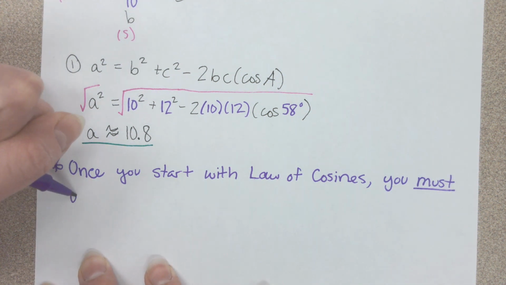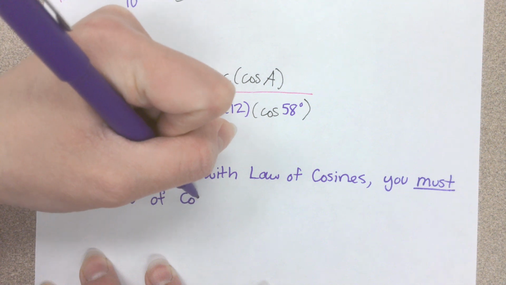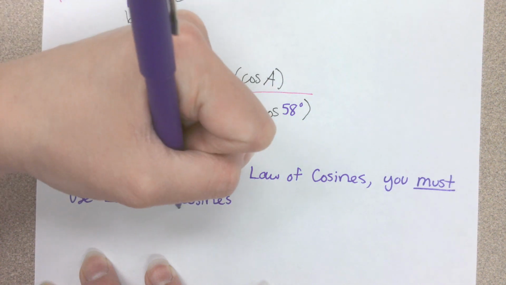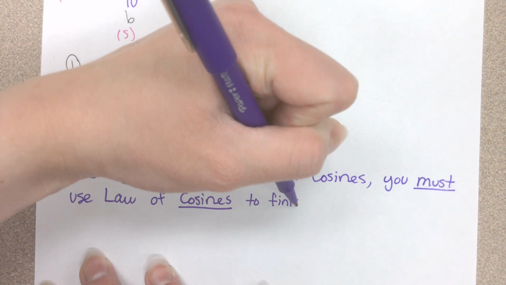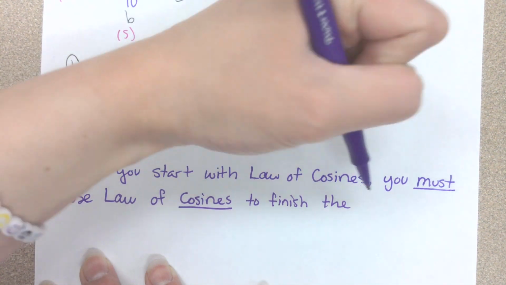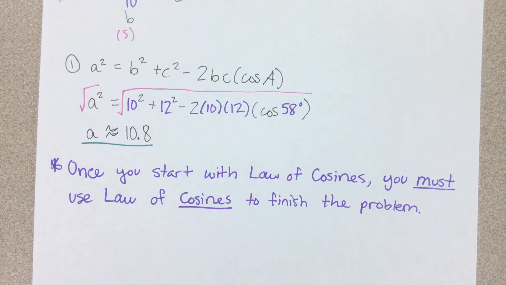Must use law of cosines to finish the problem. If you pivot and use law of sines and it leads to an incorrect answer, just know you have been warned. If that's something you're more curious about, I'd love to explain it one-on-one, but I'm trying to avoid confusion, so I'm not going to go further than that.